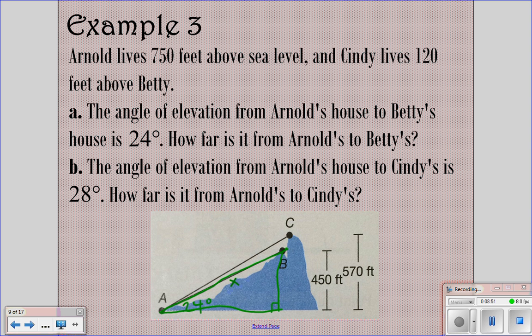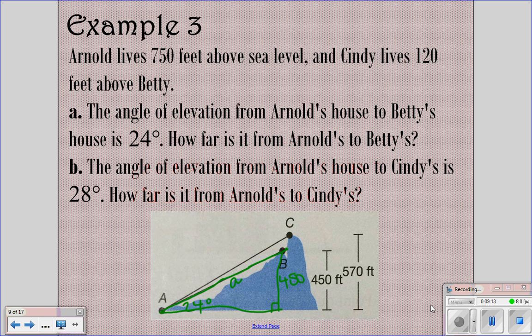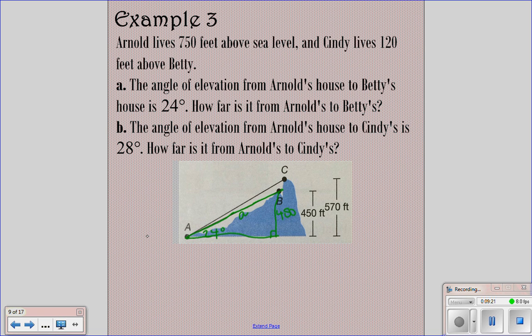I'll use an A because it's part A that we're doing. So what is the length of the hypotenuse? Well, we know that this side length here is 450, the height. The elevation between the two is 450. They give us the height. So we're going to use sine because we have the opposite and the hypotenuse.